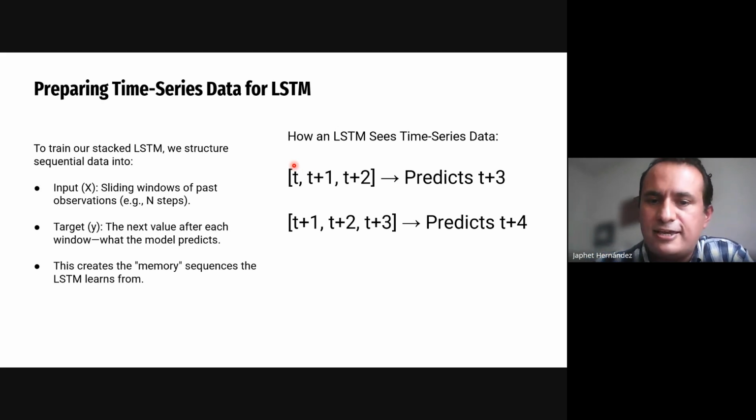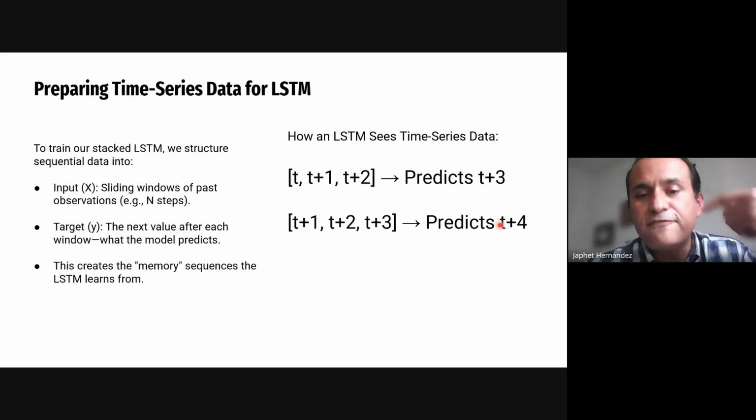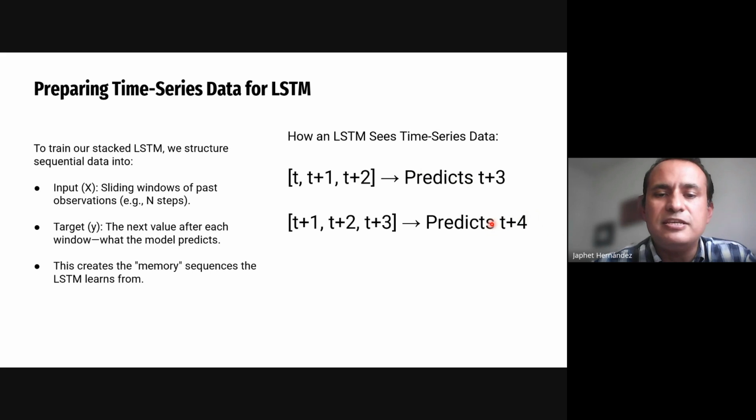So how does that work? To predict the time t plus 3, I will use time t plus 1 and time t plus 2 all together. And to predict the following moment, t plus 4, I will use, conversely, t plus 1, t plus 2, and t plus 3.